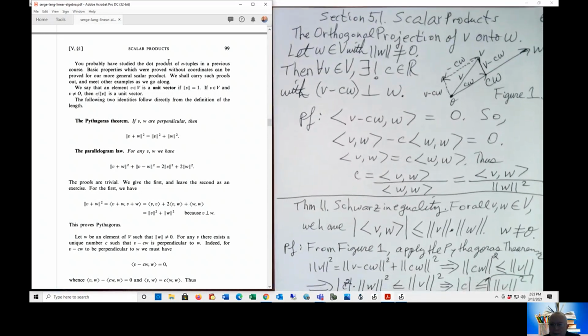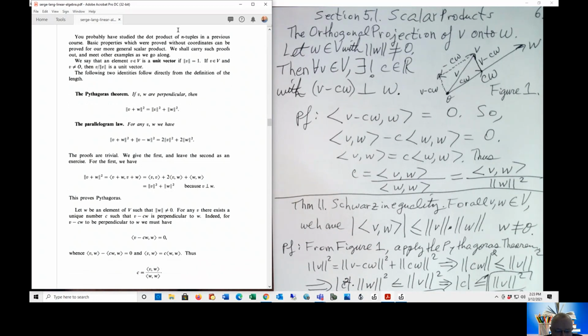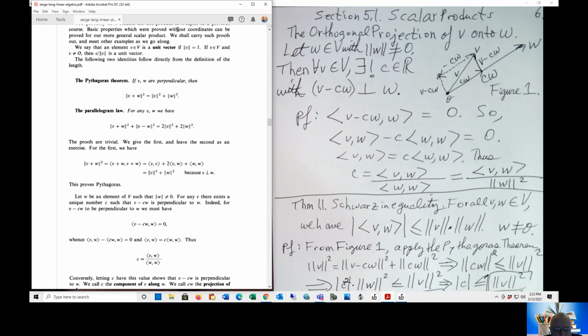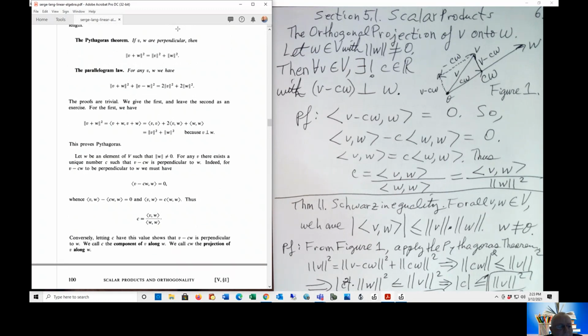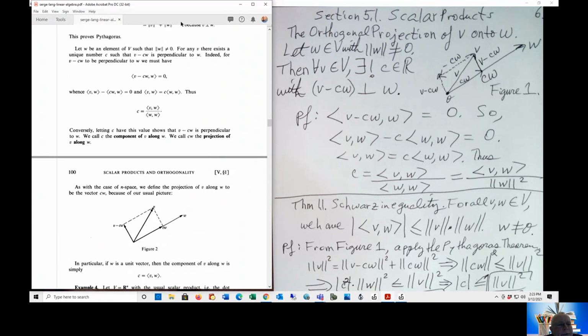Now next, we're going to look at what we call the orthogonal projection of a vector v onto or along w. Orthogonal projections. This here is the foundation for what's coming, namely the Gram-Schmidt orthogonalization and orthonormalization process.